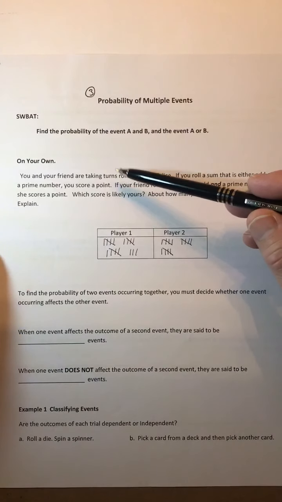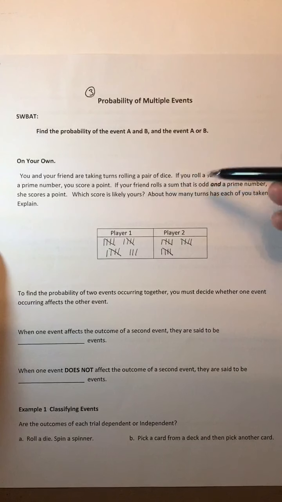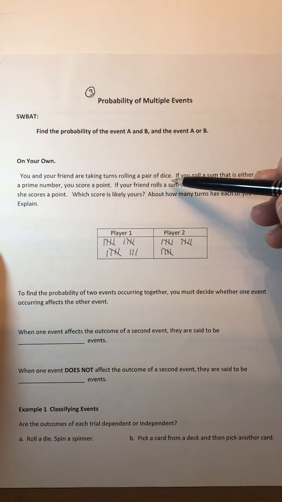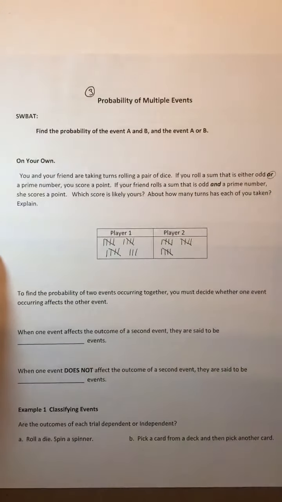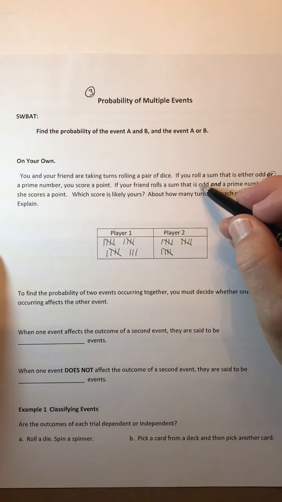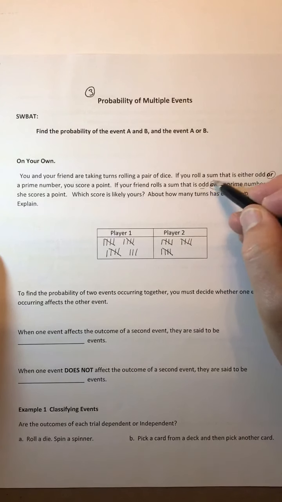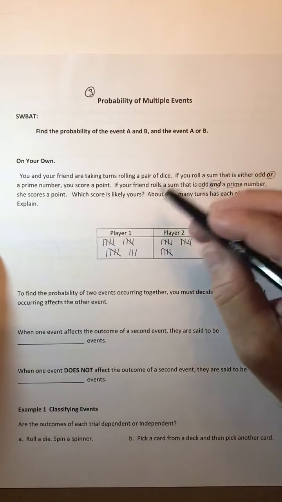To start it off, if we look at this real quick on your own, you and your friend are taking turns rolling a pair of dice. If you roll a sum that is either odd or a prime number, you score a point. If your friend rolls a sum that is odd and a prime number, they score a point.